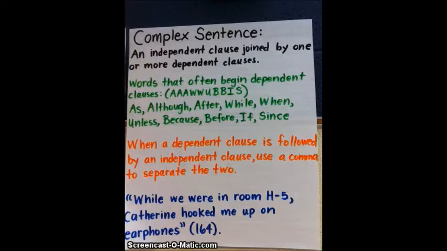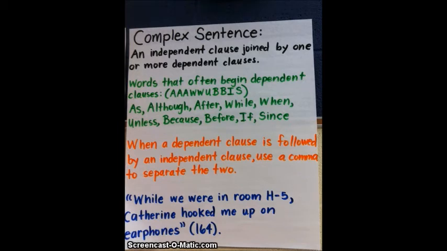A complex sentence is an independent clause joined by one or more dependent clauses. Words that often begin dependent clauses are the following: as, although, after, while, when, unless, because, before, if, and since. When a dependent clause is followed by an independent clause, we usually use a comma to separate the two. While we were in room H5, Catherine hooked me up on earphones.